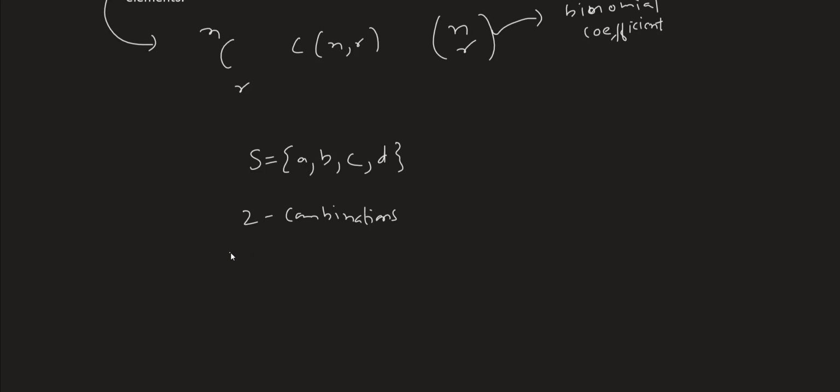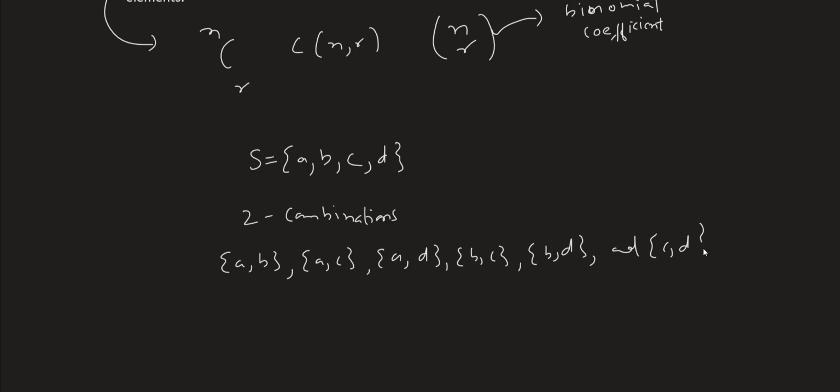So if you try to note down all the pairs: A, B; A, C; A, D; B, C; B, D; and C, D. So we do not have something like BA also here, or CA, or likewise DC, because this and this, they both mean the same thing.